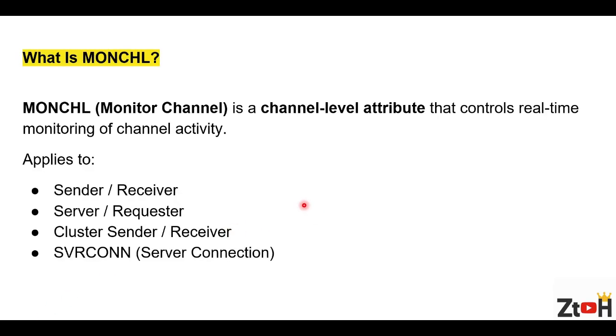Now let's see what is MONCHL. MONCHL, which means monitor channel, is a channel level attribute that controls real-time monitoring of channel activities. It applies to sender or receiver channel, server or requester channel, cluster sender or cluster receiver, and SVRCONN, which is a server connection.